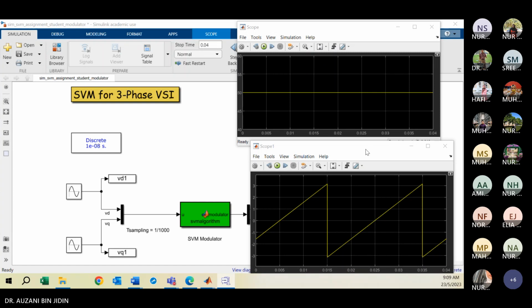Okay, anyone? So maybe you can proceed. Move forward to the other stages. So calculate apa? Alpha and so on. Look at the sector. So you got to change.